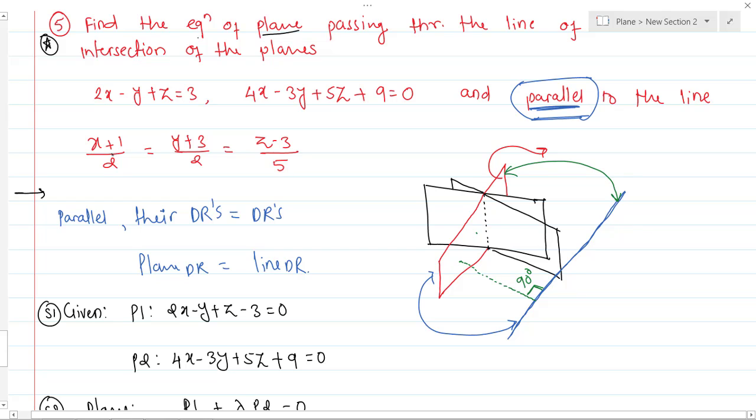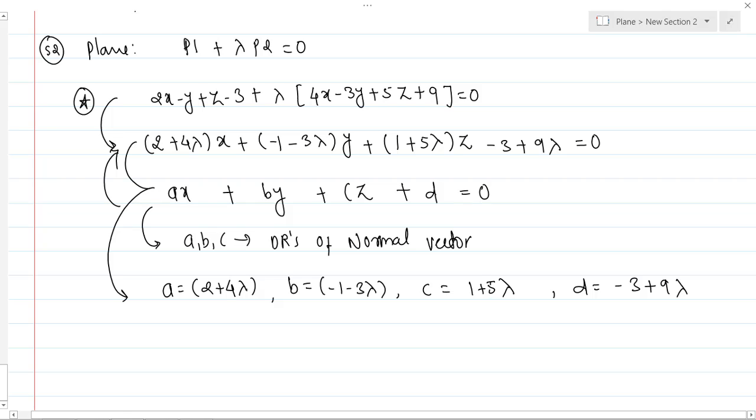If you compare this equation, x plus 1 by 2, y plus 3 by 2 and z minus 3 by 5, these 2, 2, 5 are the direction ratios of this line, not of the normal. So 2 comma 2 comma 5 becomes the direction ratio of this line. Let me write here. Let's take a1, b1, c1 as 2, 2, 5, and the direction ratio of its normal will be 2 plus 4 lambda, minus 1 minus 3 lambda and 1 plus 5 lambda.